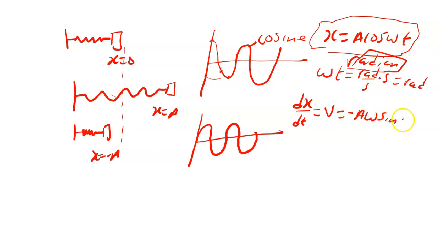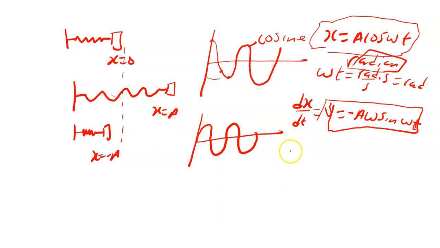That is how you find the velocity at any given time. So it will be amplitude multiplied by the omega, which is the angular frequency, then sine, angular frequency multiplied by time. Don't forget a negative. So this is how you find the velocity at any given time for a sinusoidal function made by a spring.